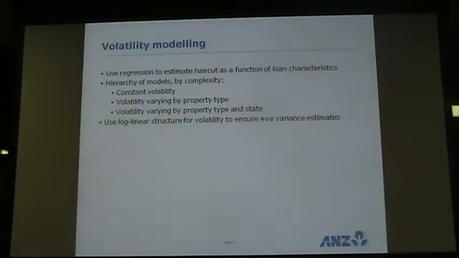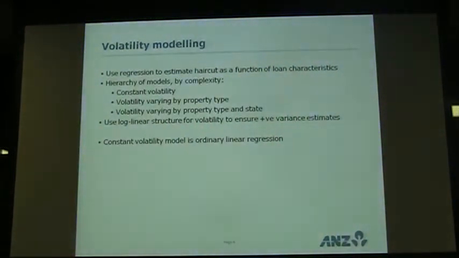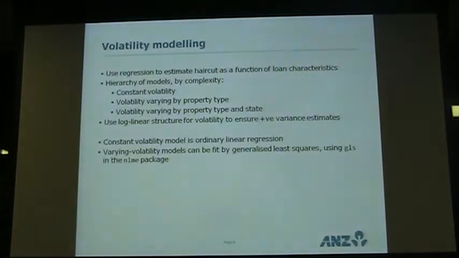And I'm going to use a log linear structure for the volatility to ensure that all my spreads are going to have positive estimates coming out. So this is fairly basic, fairly standard, I guess. The constant volatility model is basically just linear regression. Varying volatility models can be fit using GLS in the nlme package.